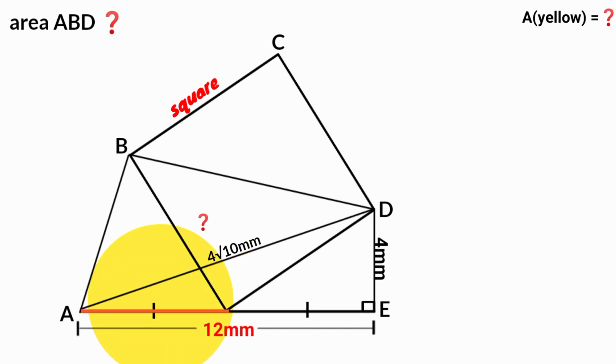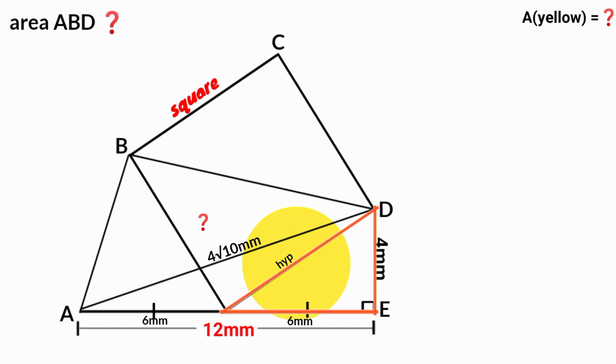Now recall, this line and this line are congruent, and the sum of their length is this 12 millimeters. That means this and this are half of 12 millimeters each, which is 6 millimeters. Now from this triangle also, we can use the Pythagorean theorem to find the length of this side, because it is the hypotenuse.